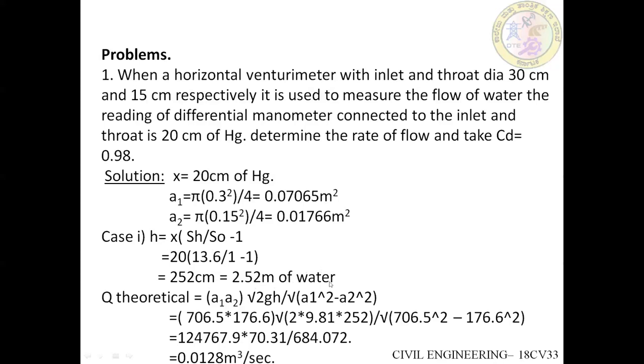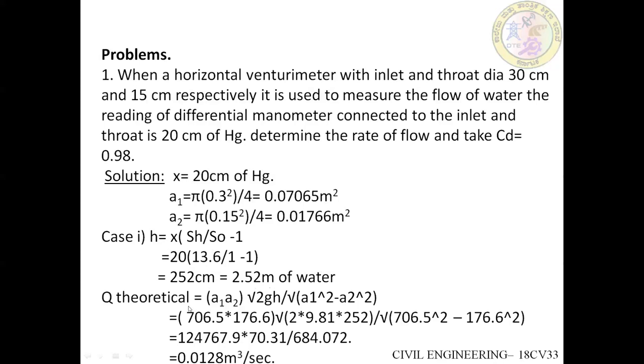You can see here that H is the differential head reading. We will always mention it with respect to the liquid flowing through the pipe, that is water. And X is the differential manometer reading. We will always mention that with respect to the liquid contained in the manometer, that is mercury.